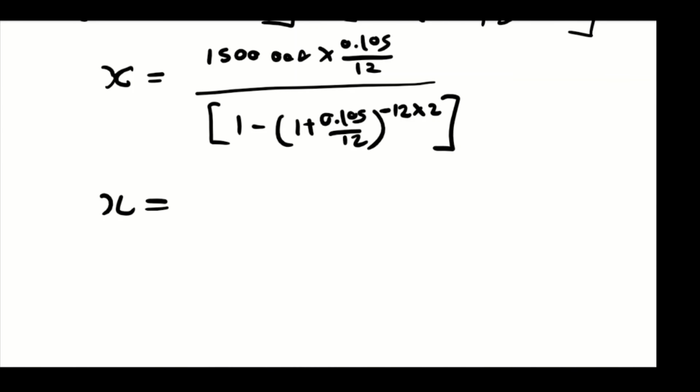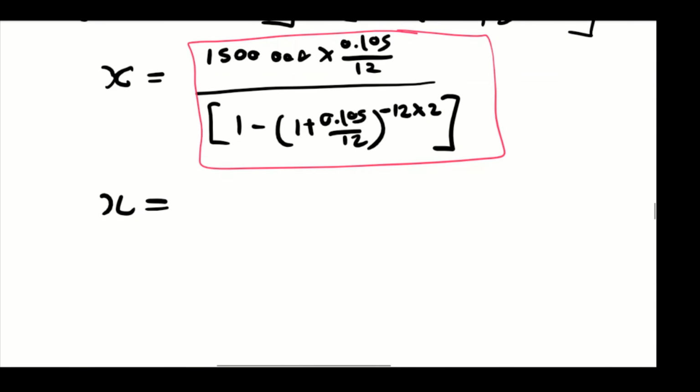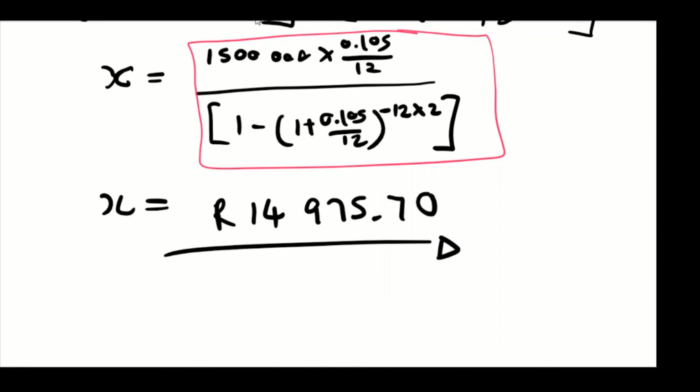So now you're going to find the answer to the entire expression here. It'll fit in your calculator. So the monthly payments for this loan, right? It's going to be 14,975.70.